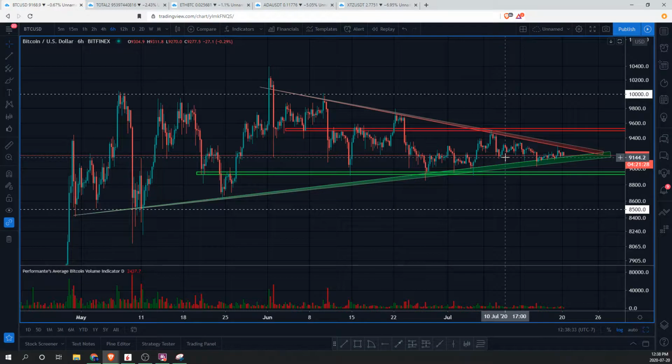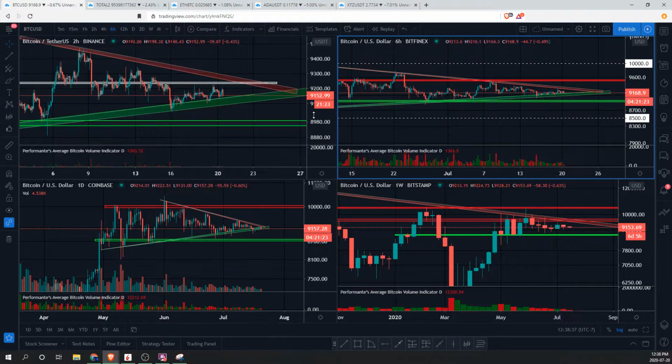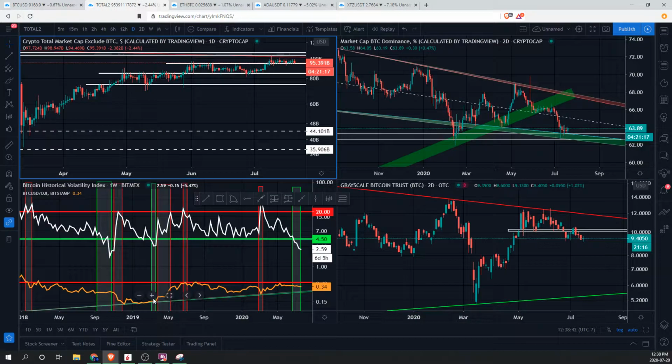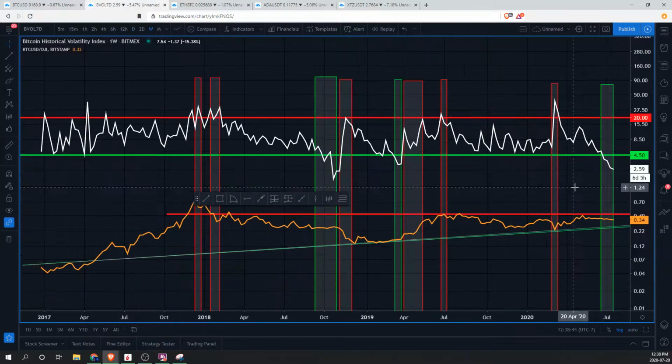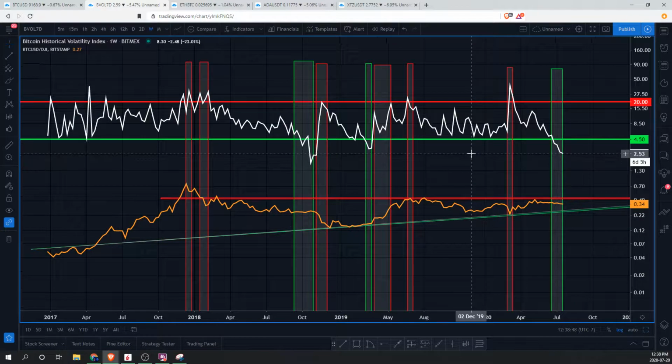So that's what we've been saying about BTC, but we still are constructing an idea of how to make money on this next big opportunity for Bitcoin, because we do see a significant reduction in volatility. We are now lower in volatility than we had back in March of 2019.